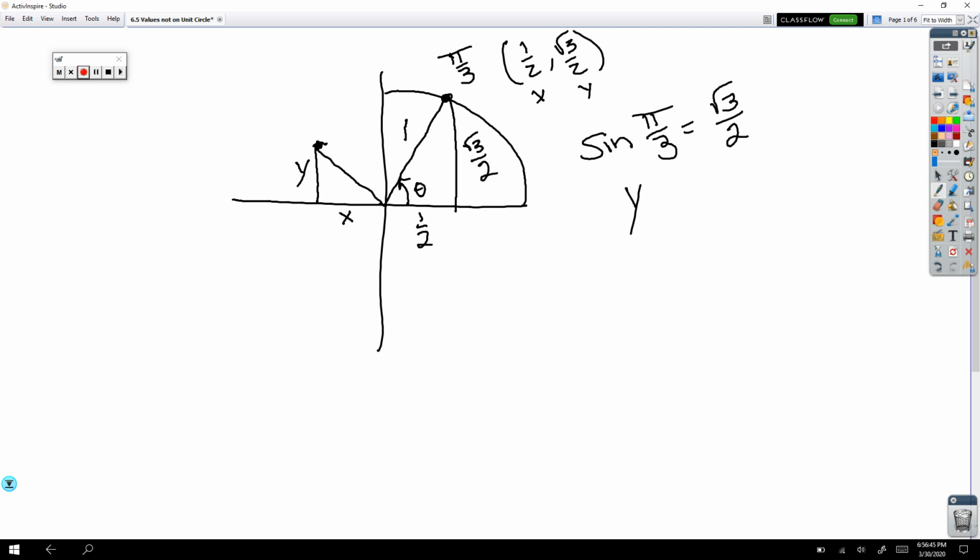The reason why we say it's just y is because when you think about SOHCAHTOA back in geometry, sine was SOH, which is the opposite over the hypotenuse. The opposite to my angle is the square root of 3 over 2, and my hypotenuse was 1. So really I'm doing y divided by 1, which is just y.